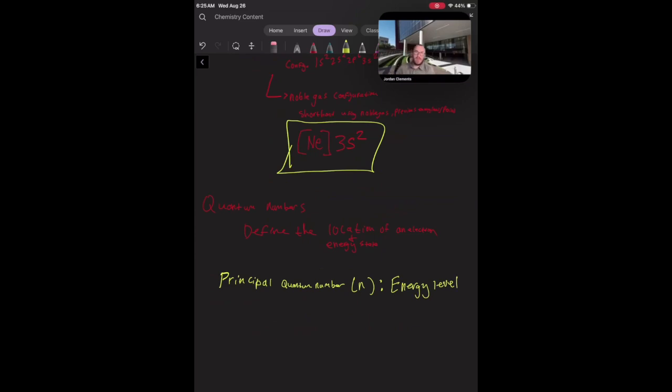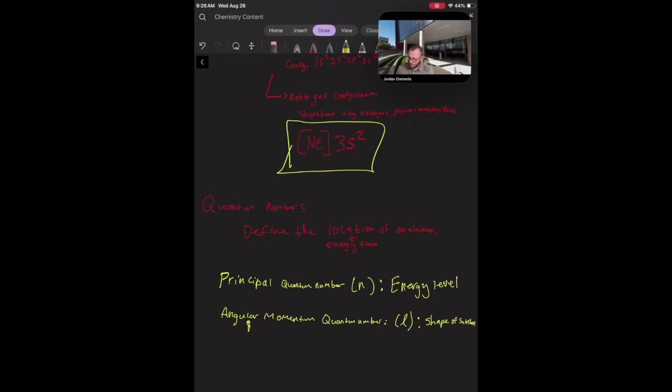And then we have the angular momentum quantum number. This is notated as l. I kind of like it: angular, l. And this defines the shape of the subshell.